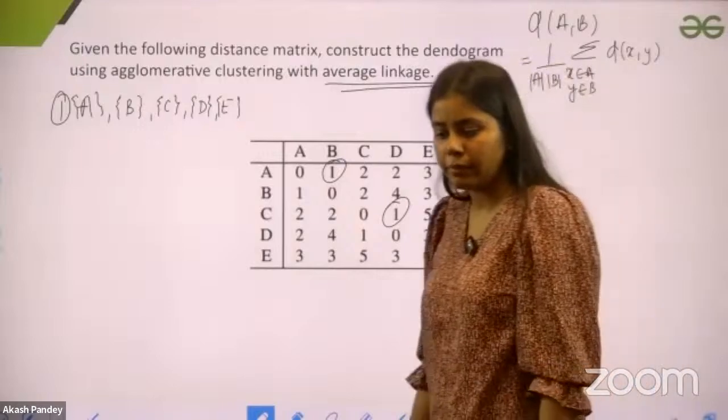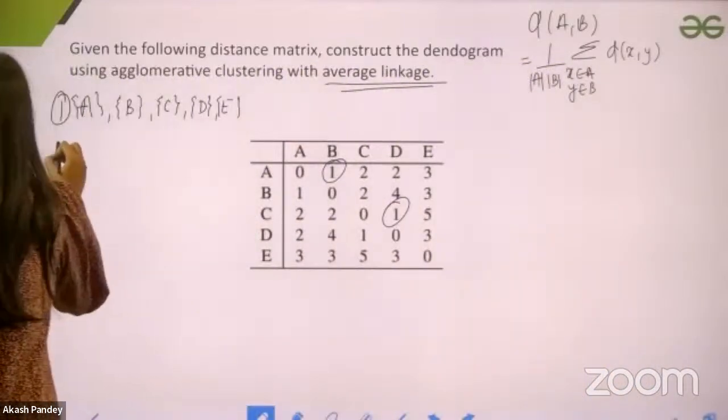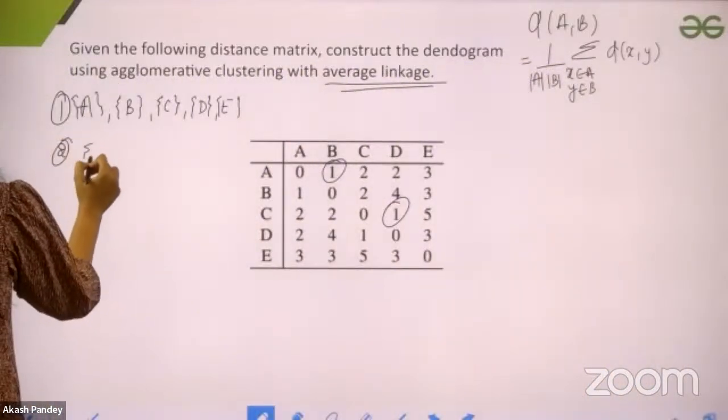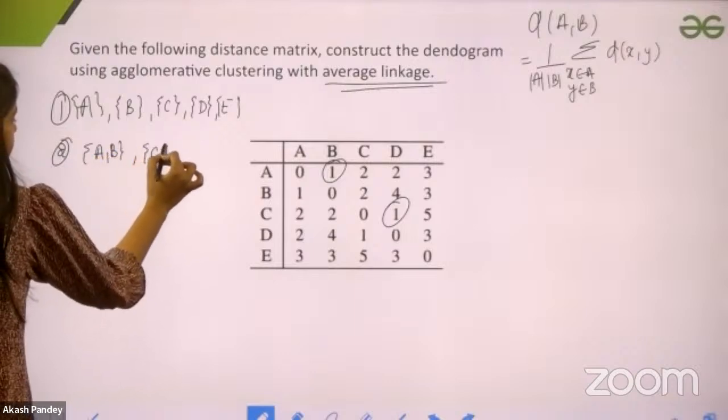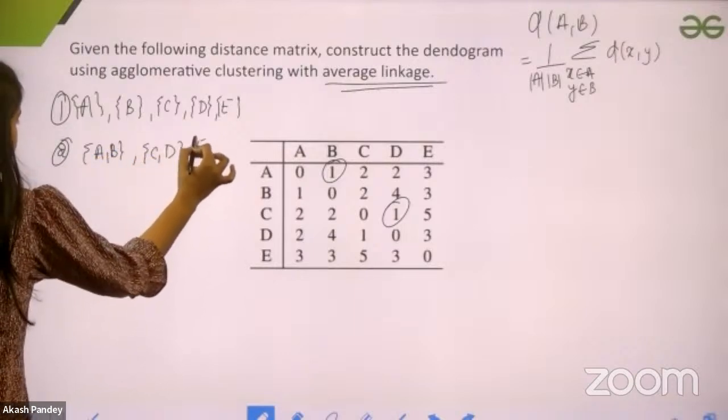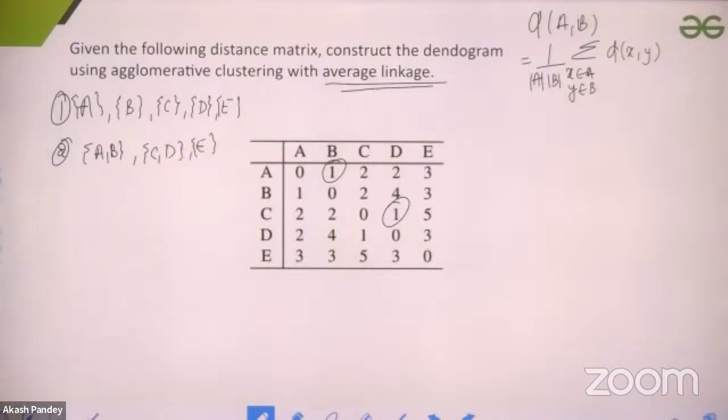So I can combine them together. I get the second set of clusters as A comma B, C comma D, and E. So I get 3 clusters.